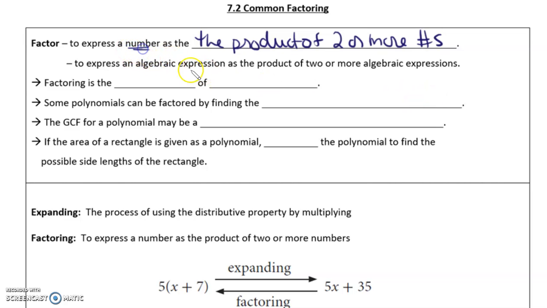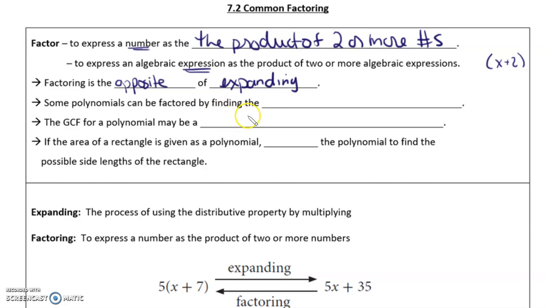So, number or expressions. The same applies when we put binomials together, maybe like x plus 2. And factoring is the opposite of expanding.